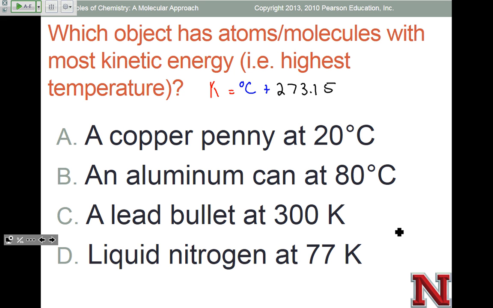If I do this simple addition, because for these it's pretty simple, we see that for A we would have 293.15 Kelvin, and we already knew we could figure out that B is going to be higher in temperature than A. But again, to be thorough, I'm showing that one as well.